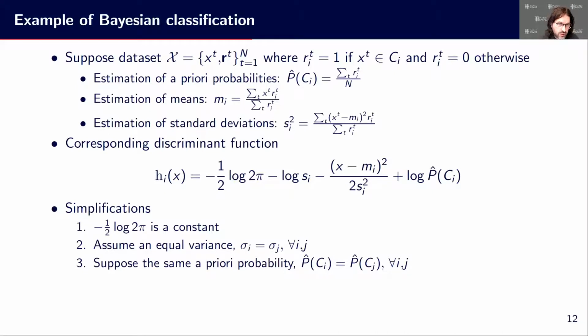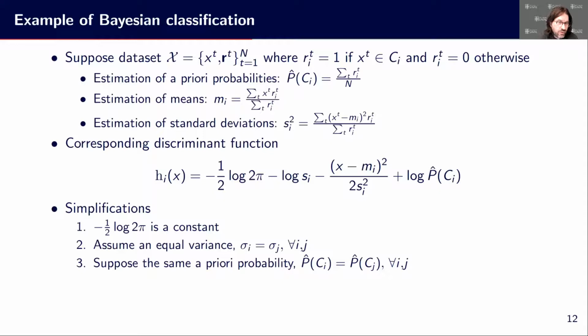The first simplification is basic. It doesn't change anything. The second one, we can assume that the variance is equal for all classes, but the mean will be different. So this is a stronger simplification. It changes the model, but it gets us to say that the sigma i is the same for all the classes. That will simplify several things.